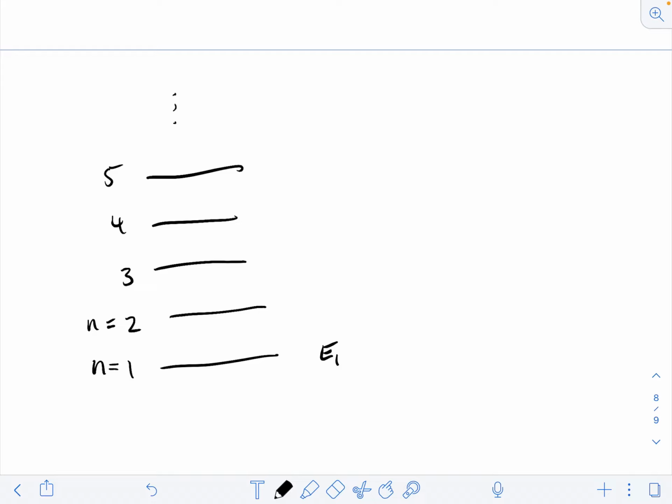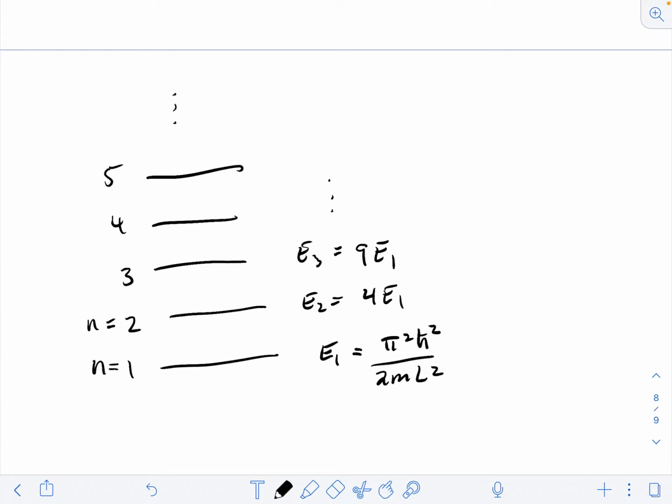The n equals 1 state has an energy of pi squared h bar squared over 2mL squared. The n equals 2 state has 4 times that energy because there's an n squared. The n equals 3 state has 9 times that energy, and so on.